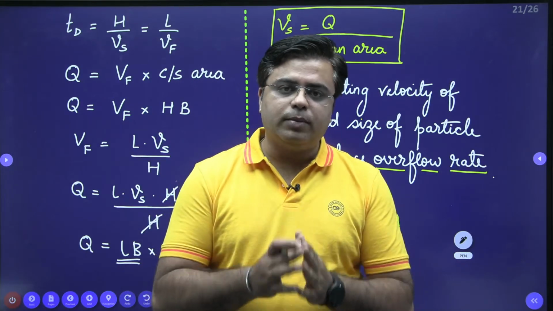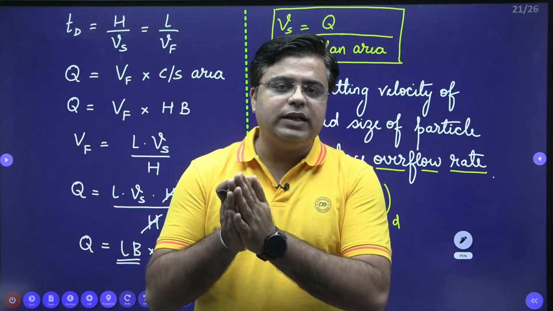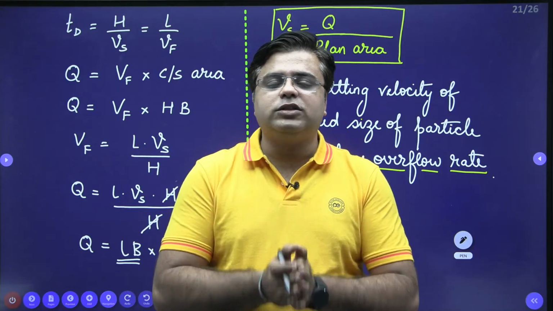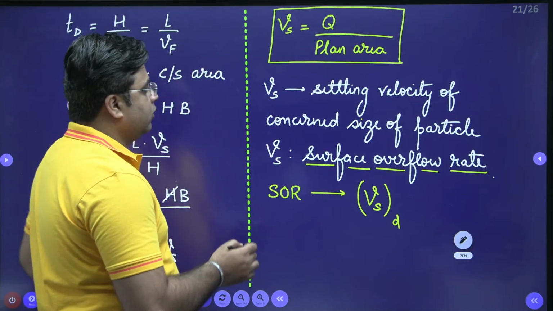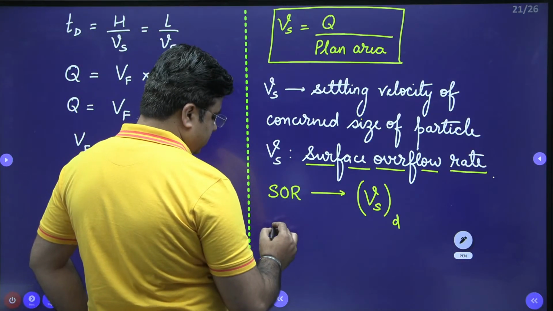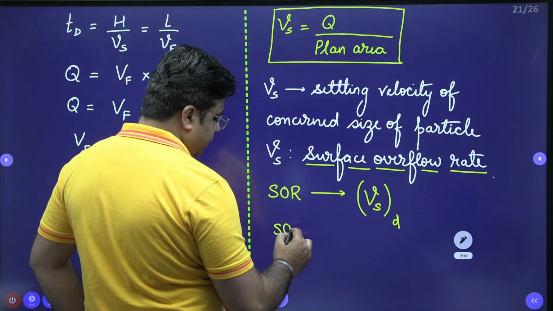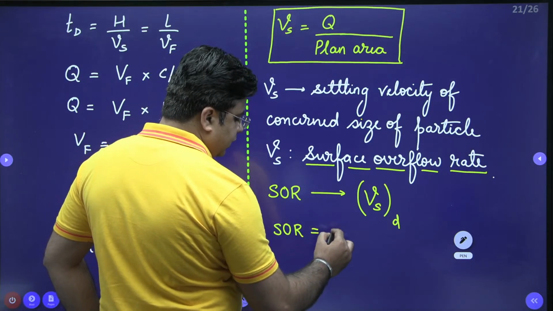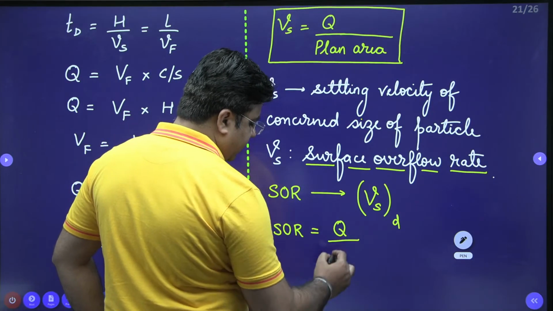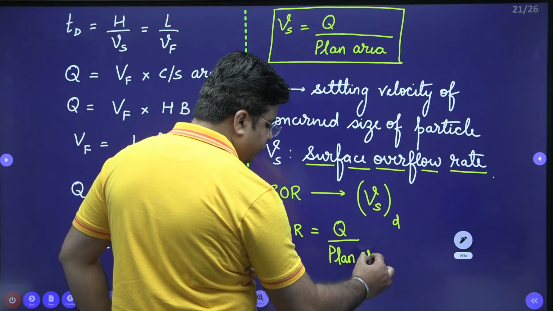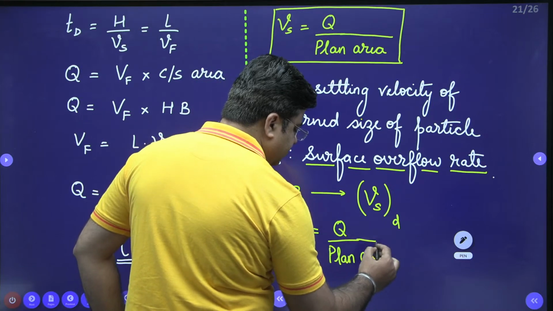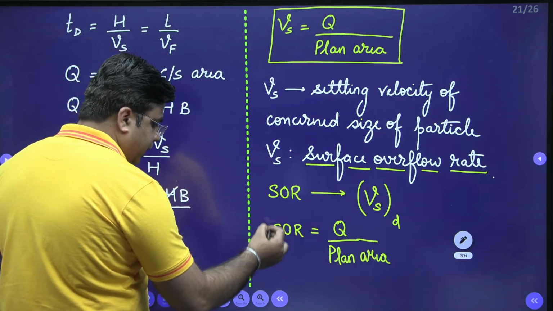So you have to remember this, surface overflow rate is nothing but the settling velocity of the concerned size of the particle for which we have designed the tank. This surface overflow rate is discharge divided by plan area.